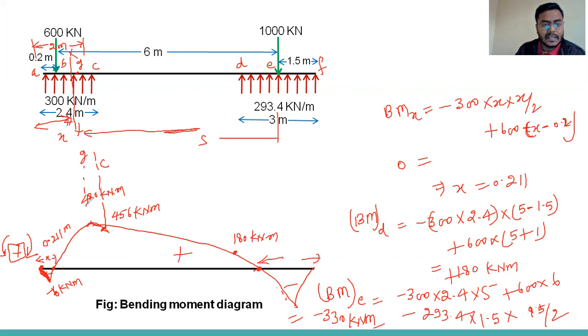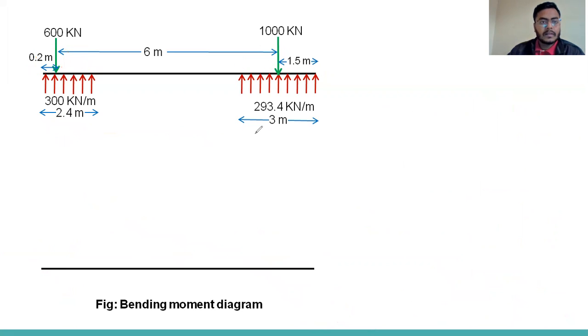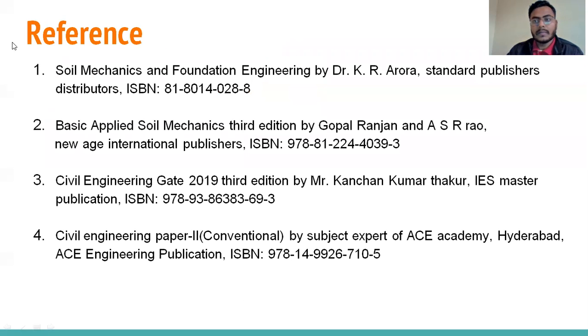Okay, so this is the bending moment diagram that you can show. At the point G the bending moment is positive 480, at a point C there is 456, at a point B minus 6, at a point E that is minus 330 kilonewton meter. Once we have drawn this bending moment diagram and shear force diagram, then our work is over from the geotechnical point of view.